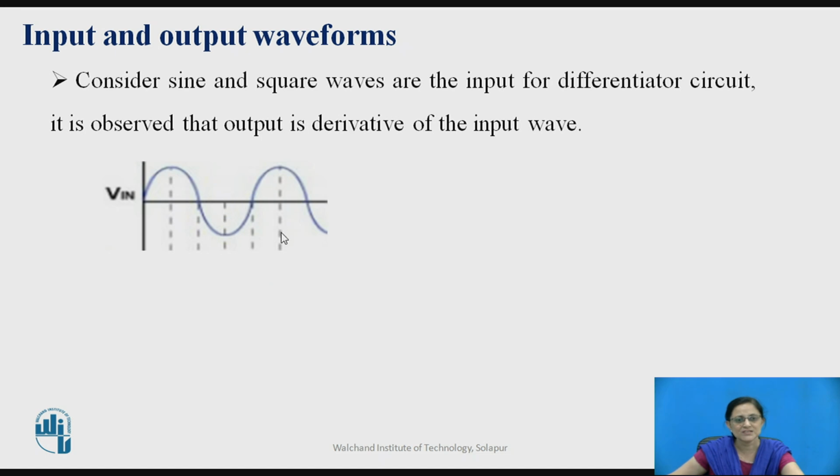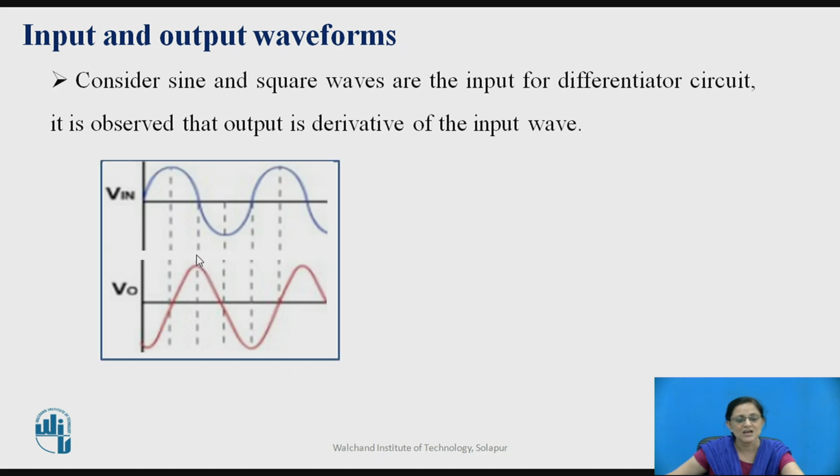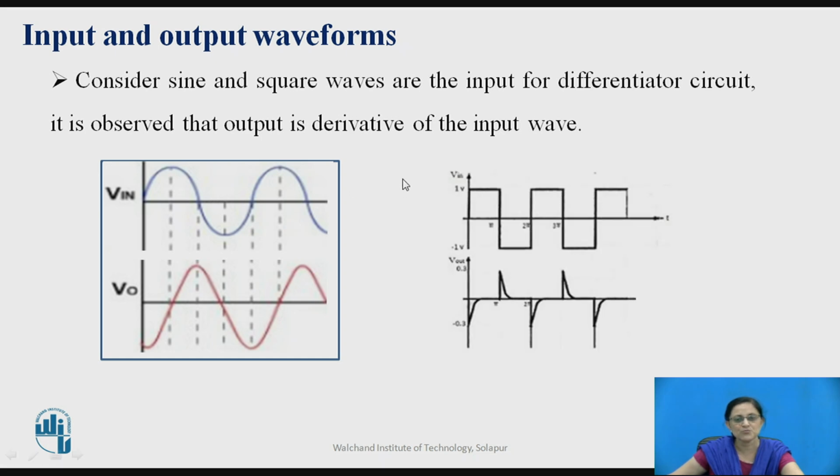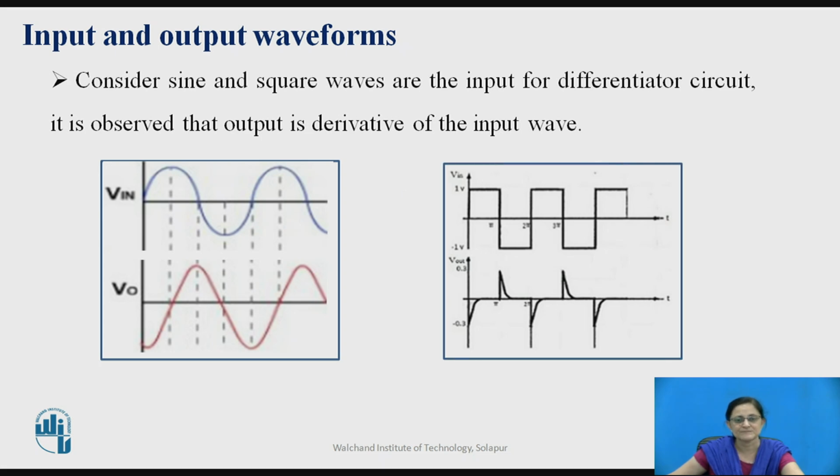Suppose the input signal is a sinusoidal signal as shown in this figure with the peak to peak value given. Then the output is the differentiation of the input signal. That means the output is a cosine wave as the input signal is a sine wave. Now if the input signal is a square wave, the output signal for the differentiator circuit is a spike wave.